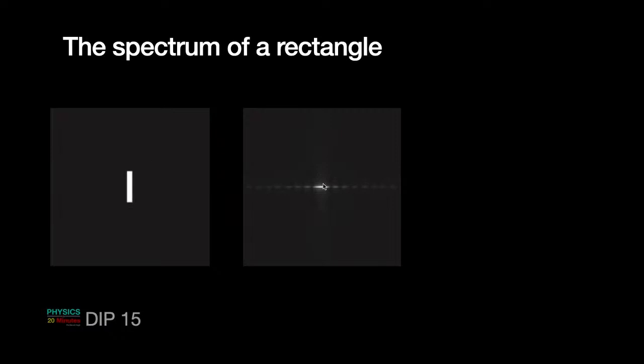Yes, it is the diffraction pattern. The diffraction pattern of any image or any slit is nothing but the Fourier transform of a similar image. So there is a very strong correlation between optics, Fourier analysis, and Fourier analysis of the image.